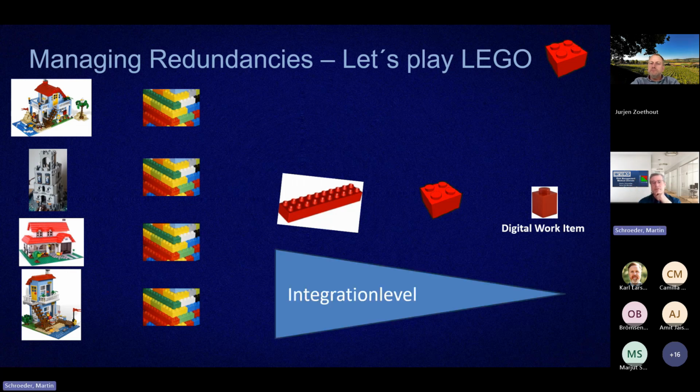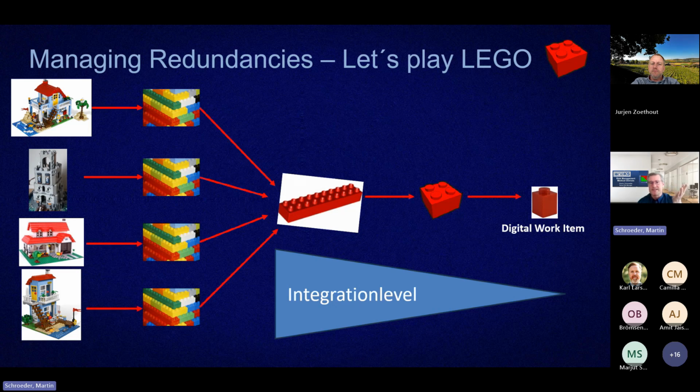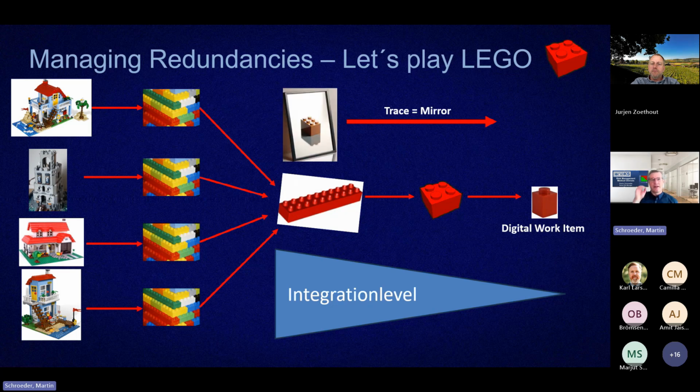Now, if you look back from the digital work item towards your products, the integration level of these work items is increasing. And how do you manage redundancies? Well, you put traces between all those different Lego parts. And a trace pretty much works like a mirror. So on the one hand, you have the digital work item, and on the other, you have a mirror.